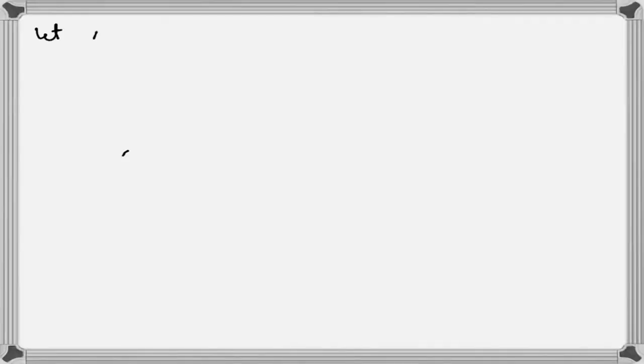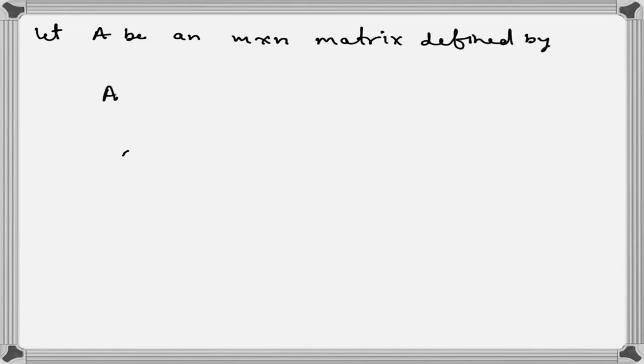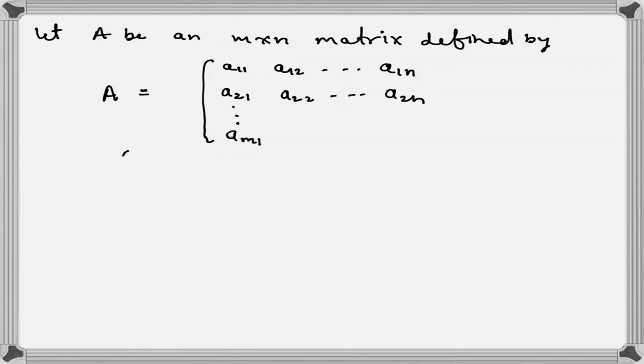Let A be an m cross n matrix defined by A equals a11 to a1n, a21 to a2n, up to am1, am2, amn.